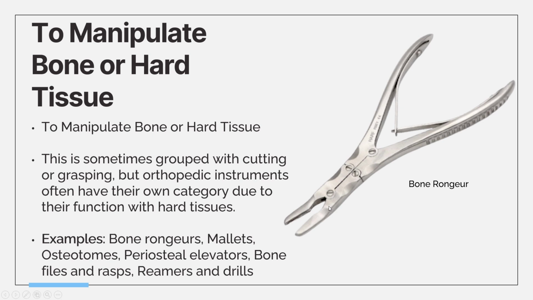These instruments are essential for surgeries involving the skeletal system typically, so that includes orthopedic, dental, or maxillofacial surgeries. They're specialized to handle the rigidity and hardness of bone and other dense tissues while ensuring precision and safety during surgery.